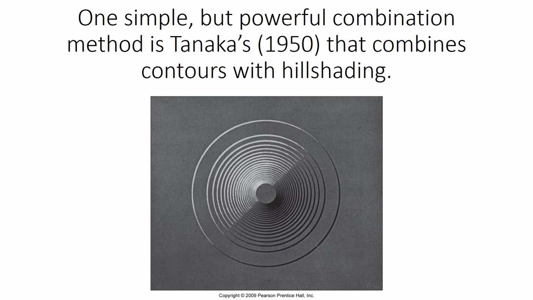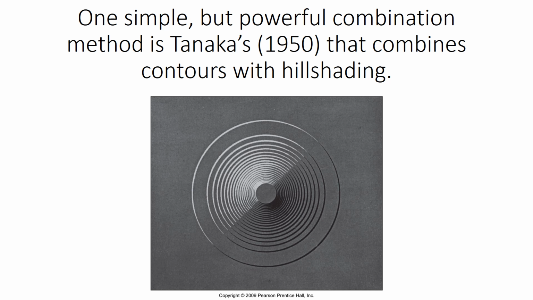This idea of combining two different representations, we've seen a little of this before, the combination of contour lines and hachures. This is one of my favorites. It comes from Tanaka, done in 1950 from some work, as I understand it, that came out of Japan's military experience during World War II. The idea is we're using contours along with something that mimics hill shading.